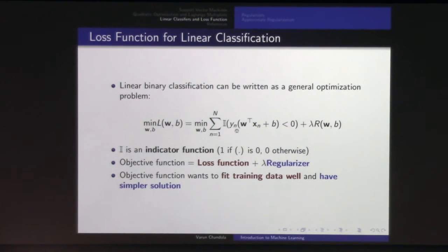Which means that it should be able to approximate this 0, 1 loss in some way, and then you will have to come up with an optimization method to optimize that loss. So in the case of squared loss, we used gradient descent. In the case of log loss, also we use gradient descent because both are smooth. In the case of hinge loss for support vector machines, we did not use gradient descent. We use something called quadratic optimization.